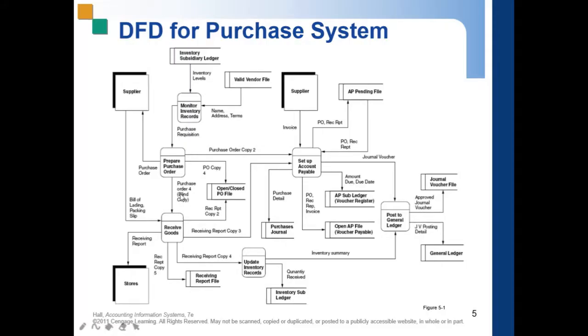Now, why is it a blind copy? To make sure that the people in the receiving goods department, or the people assigned in this area, will really check the inventory or the goods they receive, the PO provided to them is blank.